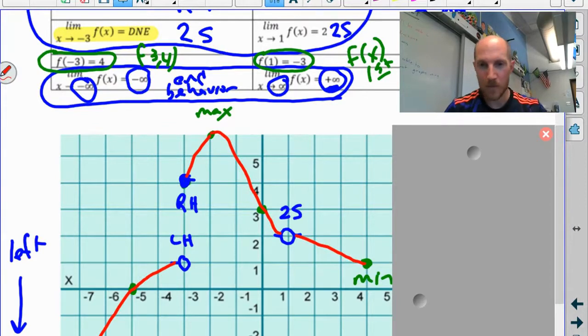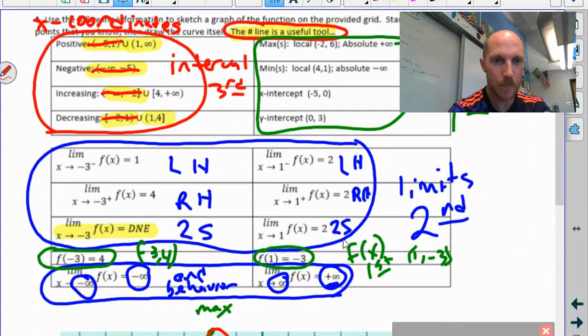Once I get to the minimum point, my decreasing interval has finished. The positive interval stays until the end of the graph, so I'm never going to cross over to the bottom part of the x-axis. And I am now increasing. So starting at 4 with the square bracket, where that point, the minimum point is, I'm going to now increase and remain positive.